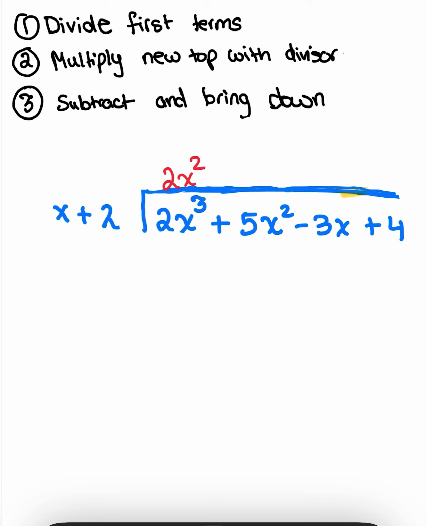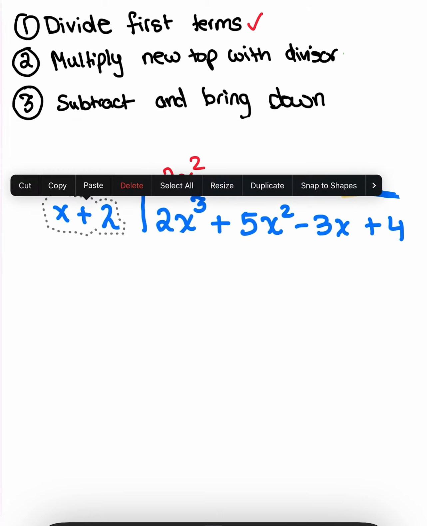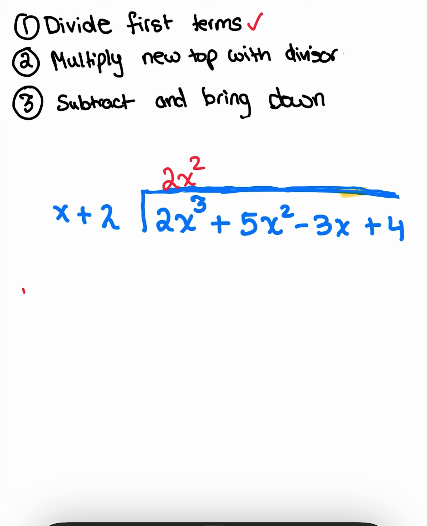So that completes my first step. I have divided my first terms of my dividend and my divisor. The next step is I have to multiply the new top with the divisor. So I take this new top and I'm going to multiply it by the entire divisor. So let's do that. 2x to the power of 2, or 2x squared, multiplied by x plus 2.